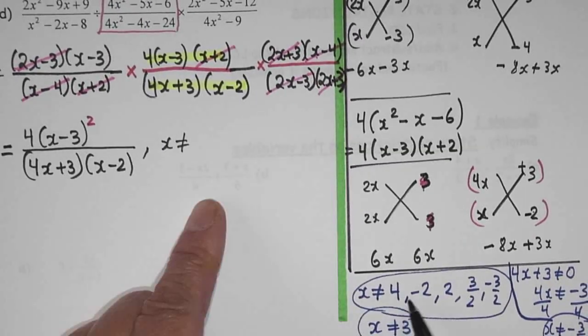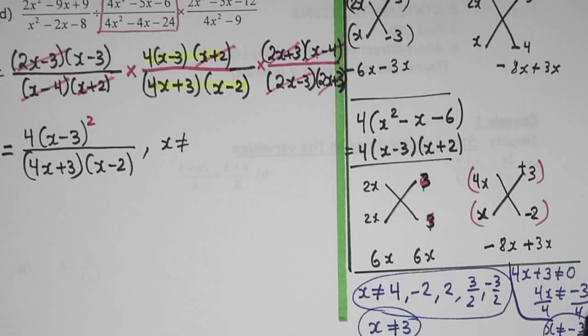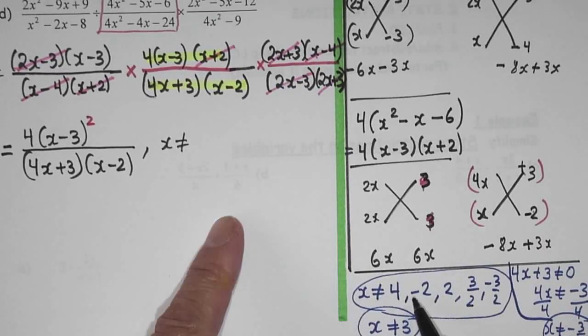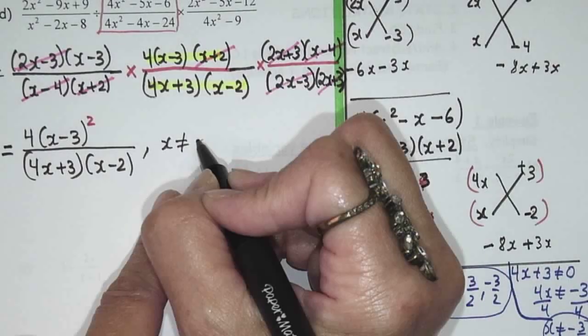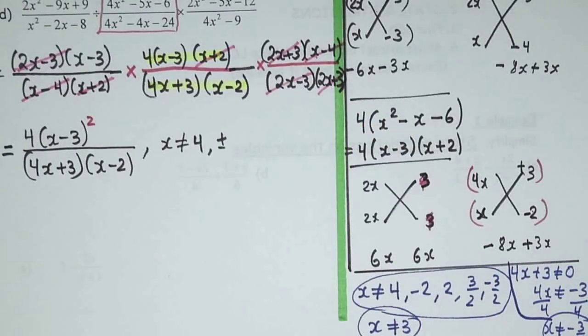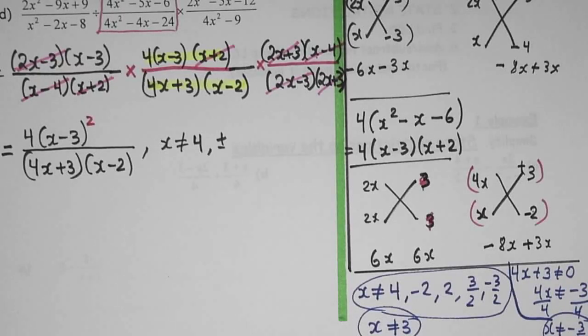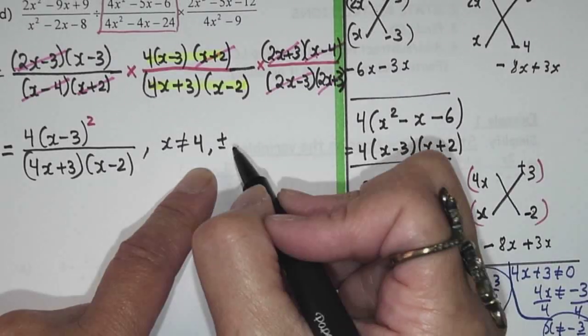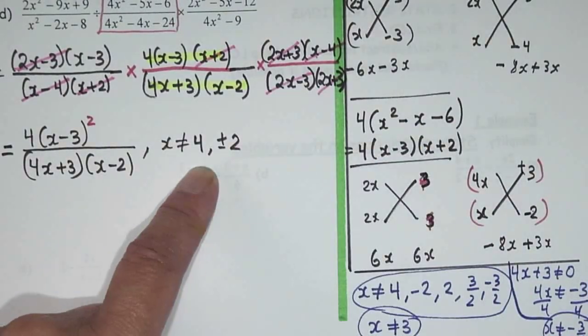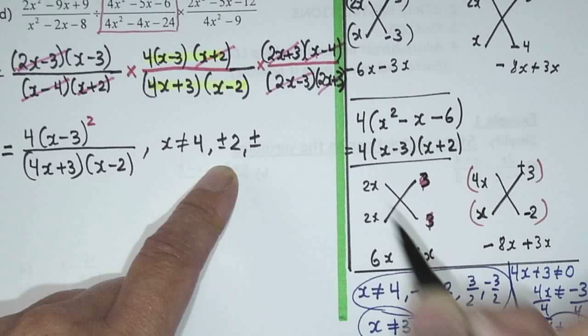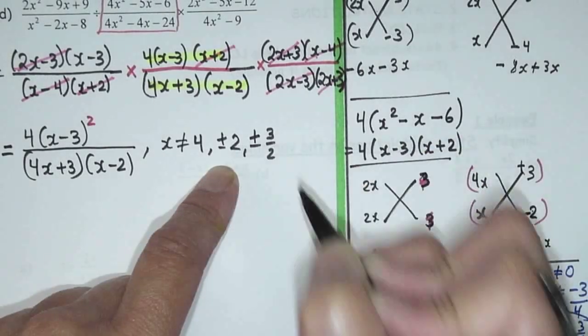So we got 4, and it doesn't matter the order. I will read it. Okay, so I'm looking for all these. So it'll be 4, plus or minus 2. Okay, here you can do plus or minus 3 over 2.